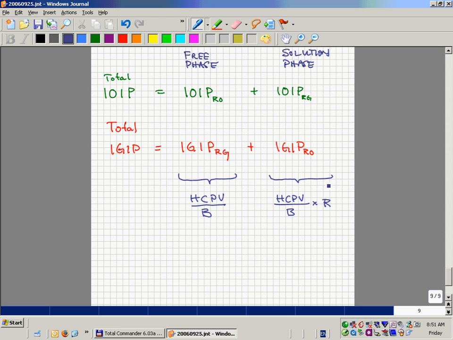times this ratio or divided by the ratio. It depends what you're looking at. Well, I don't know exactly how to write it, but it's either the solution gas oil ratio.